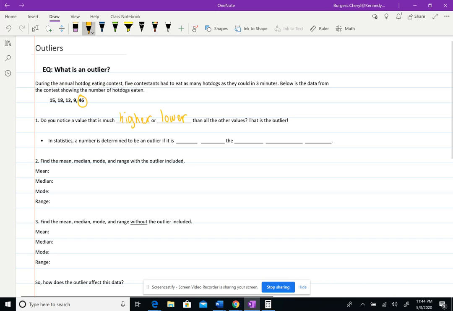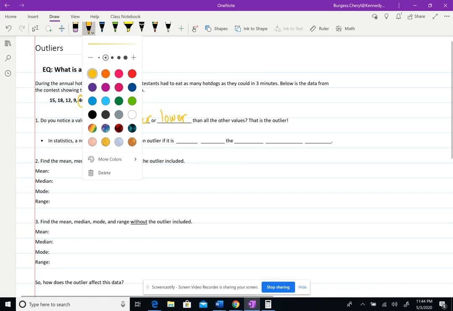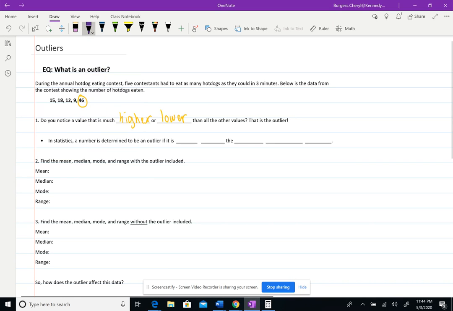Now, there is a way to determine an outlier mathematically, and you learn this in statistics and in algebra. A number is determined to be an outlier if it's 1.5 times the interquartile range.